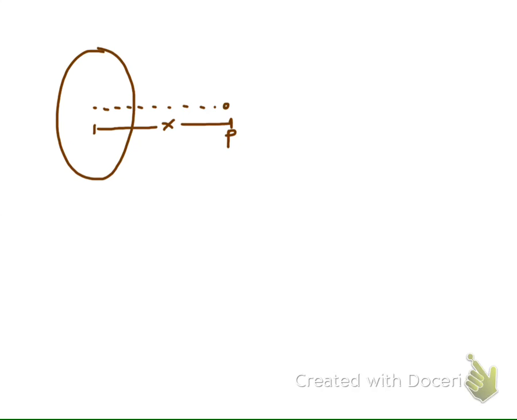If we have a circular plate like this, or the circular disc, and if we want to calculate the potential at this point P, which is at a distance x from the center of the disc, along the axis of the disc.